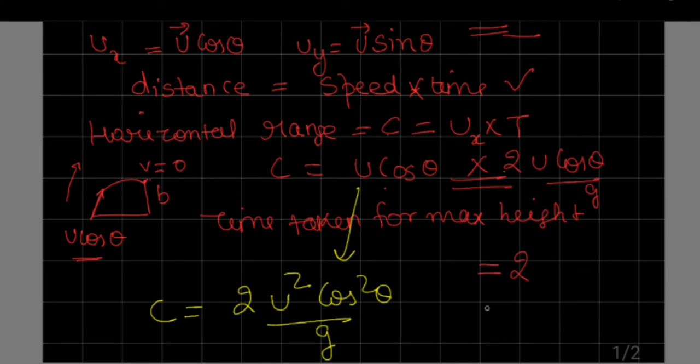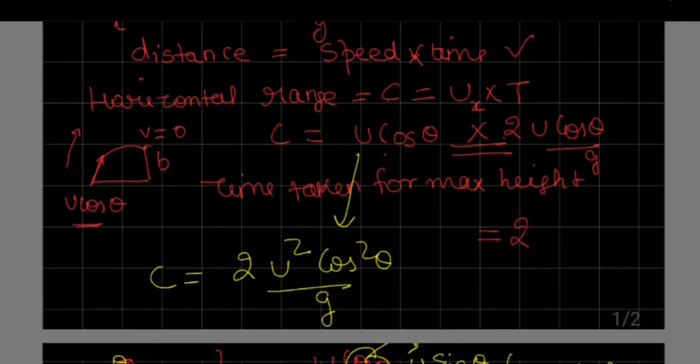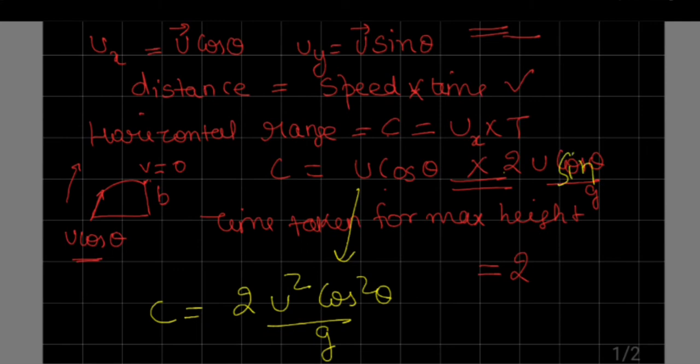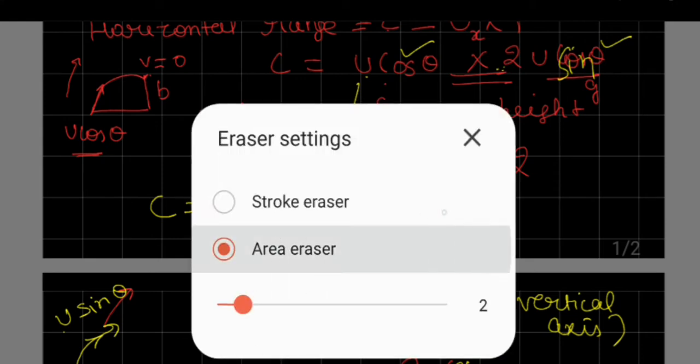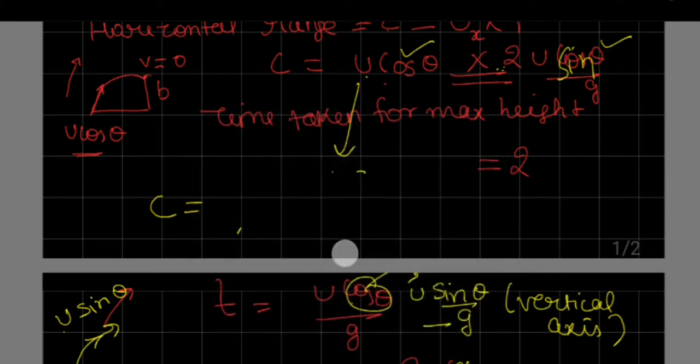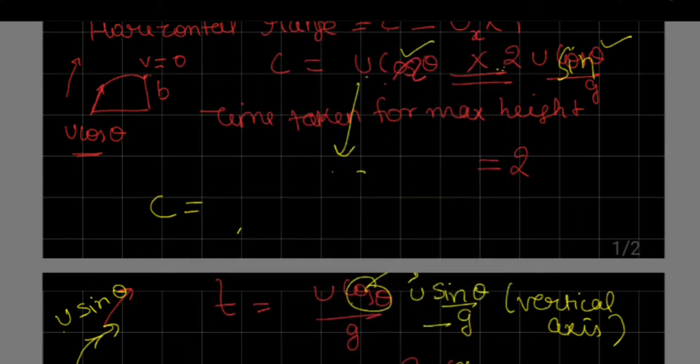That means once you put this value here, the total time will be 2u sin theta by g. Now if you know the trigonometry formula, 2 sin theta cos theta is sin 2 theta, right?